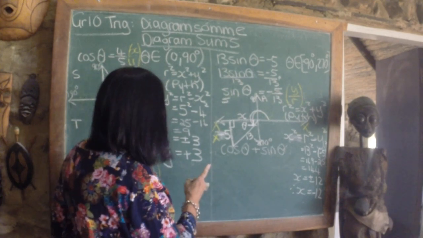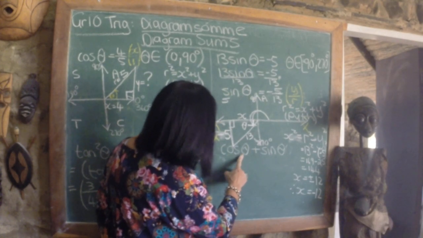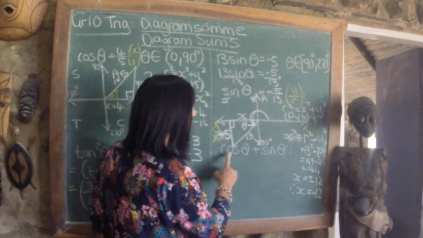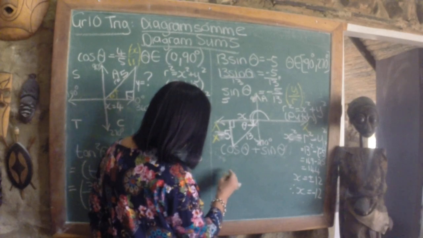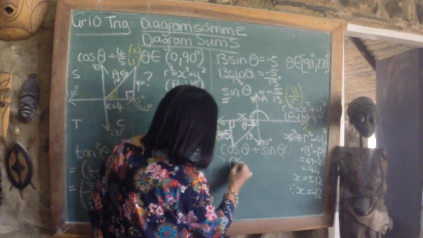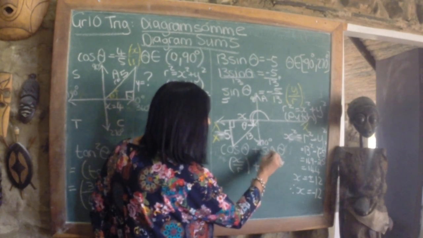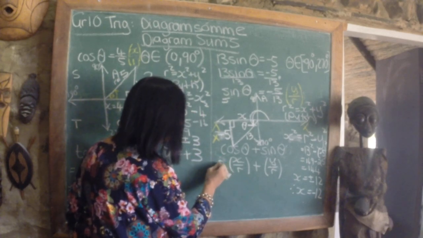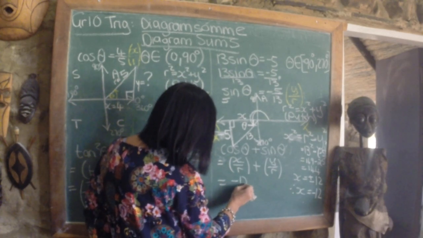Now I can answer my question. The question was, determine cos theta plus sin theta. Bepaal cos theta plus sin theta. So, wat is cos? Cos is x op r plus sin theta is y op r. So let's do substitution. We've got an x value of minus 12.